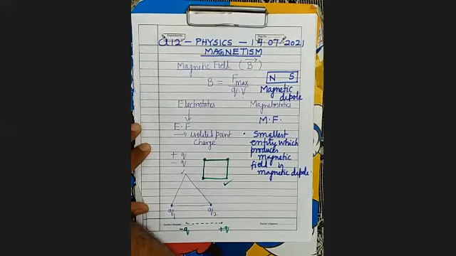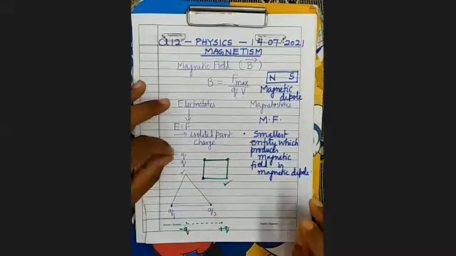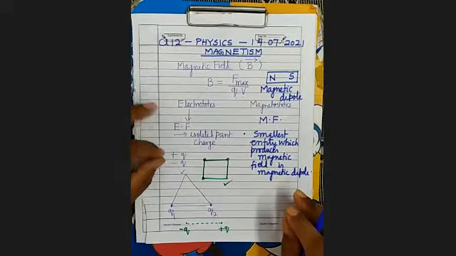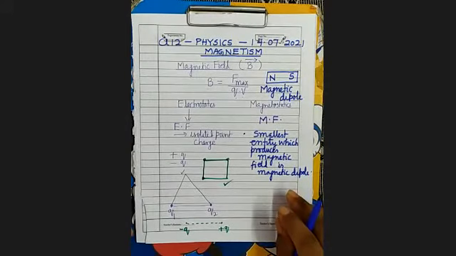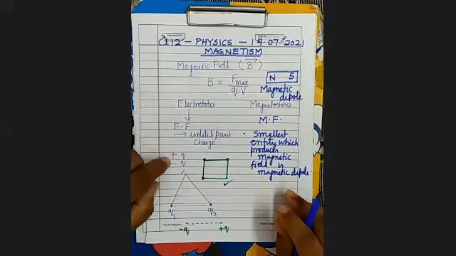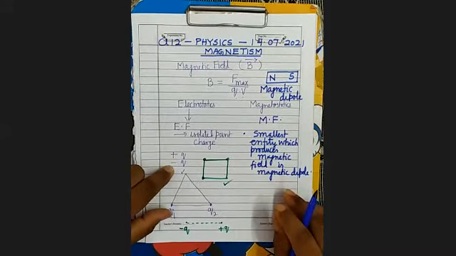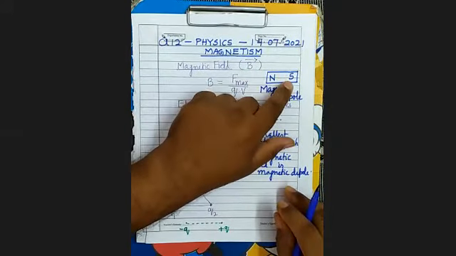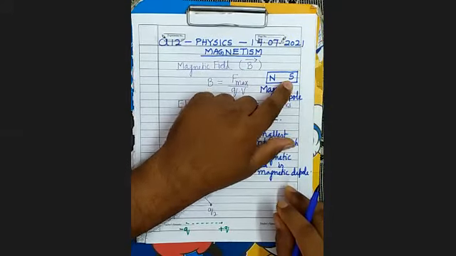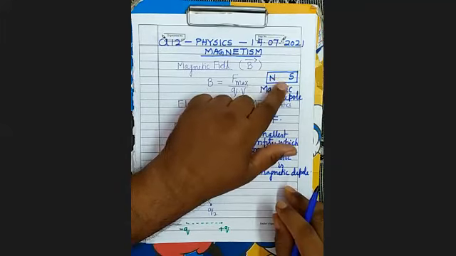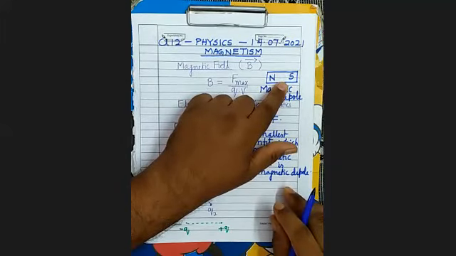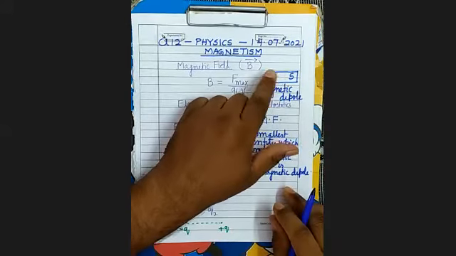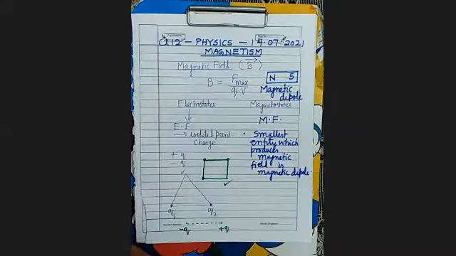All of you remember, it is not like the electric field, where independent point charges can produce electric field because they are independently available. But independently you cannot get a north pole or a south pole. You will always get north and south in combination. They are never separable.